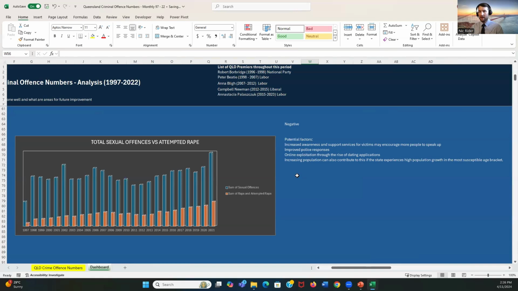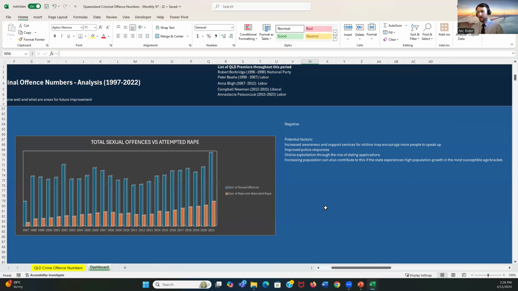With the way that people are meeting now, it's a lot more online meeting versus in the late 90s, where people were still meeting at a bar, at work, through their local church, or through family members. Over time, we've seen that diminish, and we've seen more people meeting through online dating platforms. Another factor that could be contributing to this is increasing population.